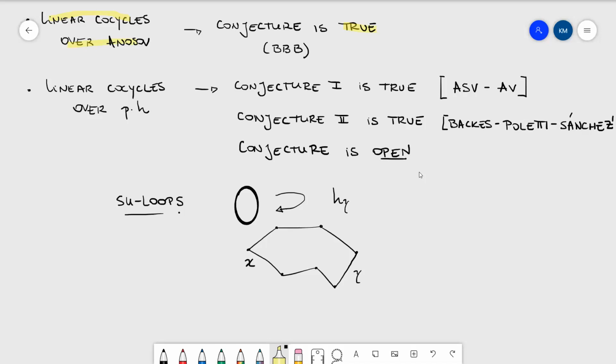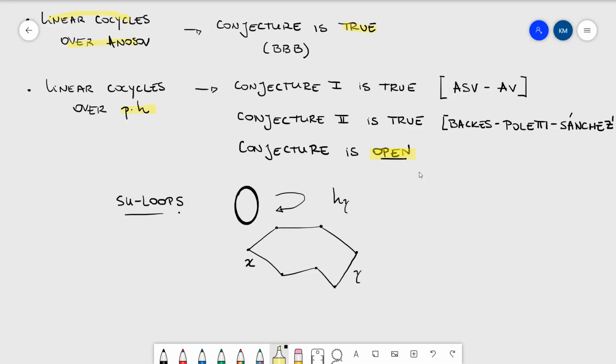But there is an intermediate step between linear cocycles over Anosov maps and the center derivative cocycles. And it's the case of linear cocycles over partially hyperbolic maps. In this case, my base is partially hyperbolic, but I'm perturbing only the cocycle. And the general conjecture is still open. We don't know what happens here, but we have information about the two weaker conditions. We know that conjecture 1 and conjecture 2 in this setting of linear cocycles over partially hyperbolic maps are actually true.